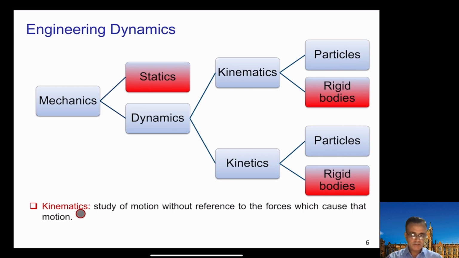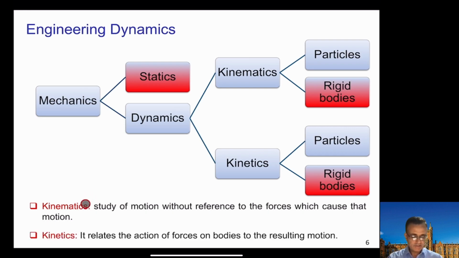So that is kinematics. But kinetics relates the action of forces on bodies to the resulting motion. So in kinetics, we will also discuss the forces and the motion together. We will discuss these in further detail in the coming lectures.